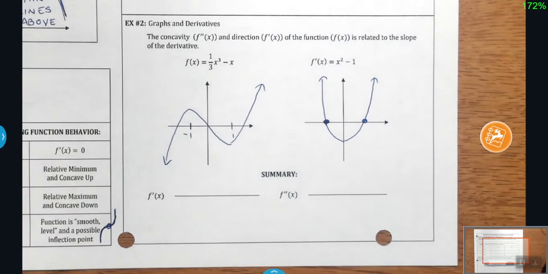So that would be your original f of x graph. So you can go all the way backwards.